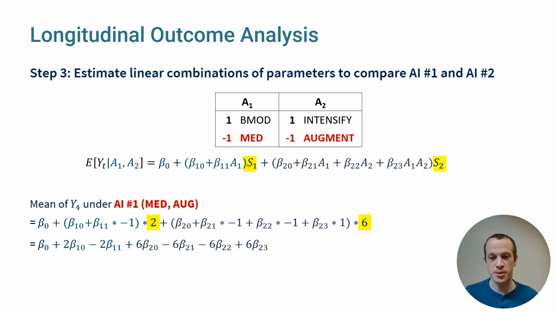We're going to follow the same strategy as last time, which is that for each adaptive intervention, we're just going to plug in the appropriate value of A1 and A2. So under AI1, we're going to plug in A1 equals -1 for med, and A2 equals -1 for augment.